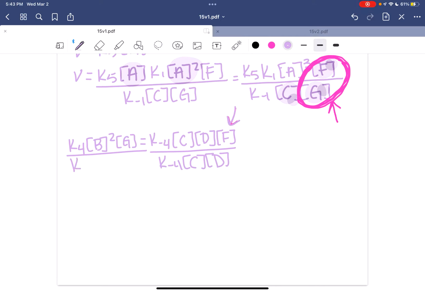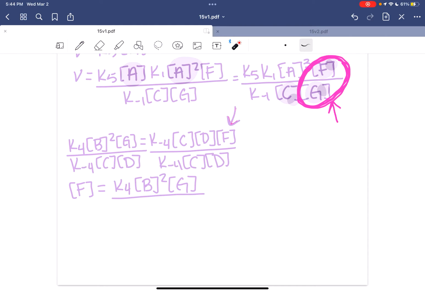So we're also going to divide that by k minus 4 times C times D. So now this gives us, and I'm just going to pull f to the left side, we're left with k4 times b squared times g divided by k minus 4 times c times d.